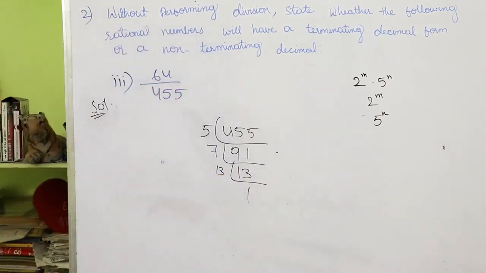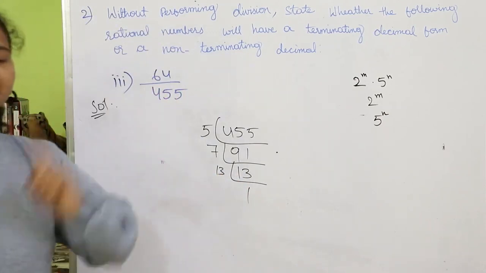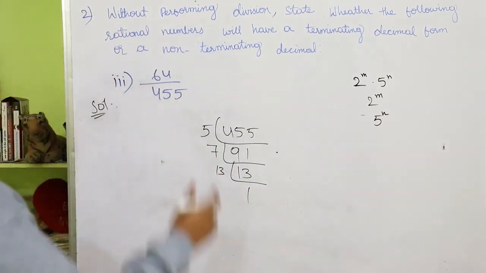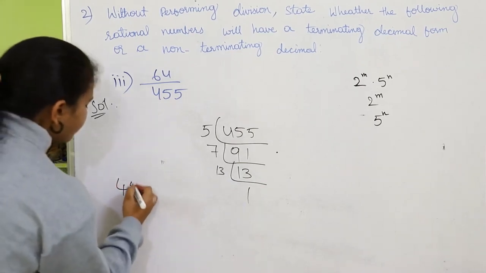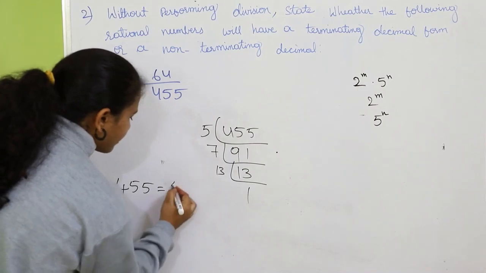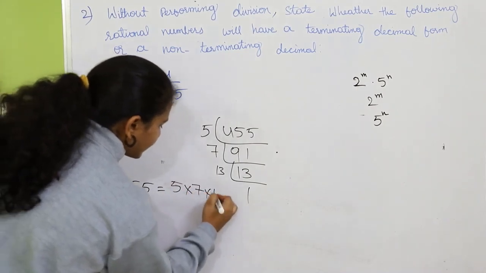Therefore I got 5, 7, 13, which means 5 into 7 into 13 will be the LCM for 455. So 455 equals 5 into 7 into 13.